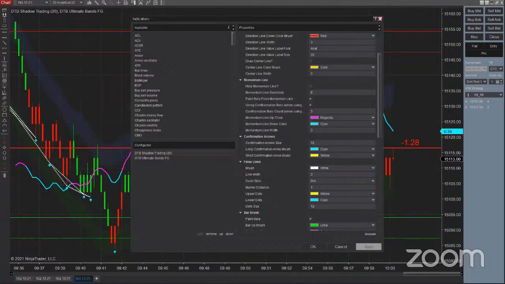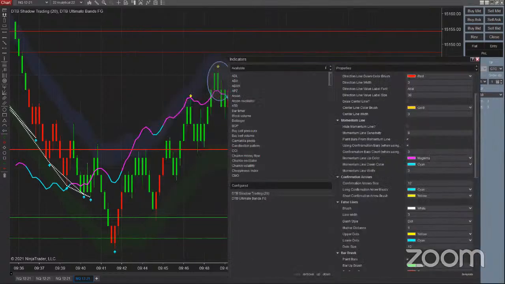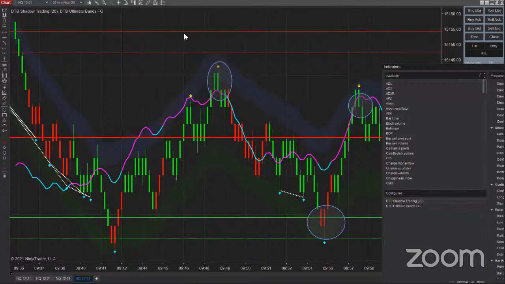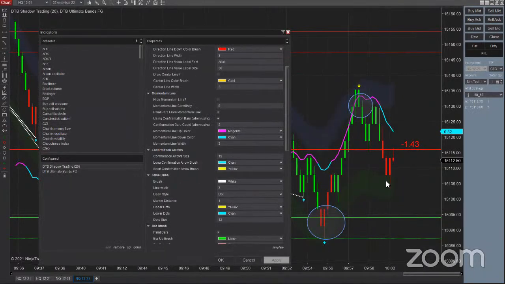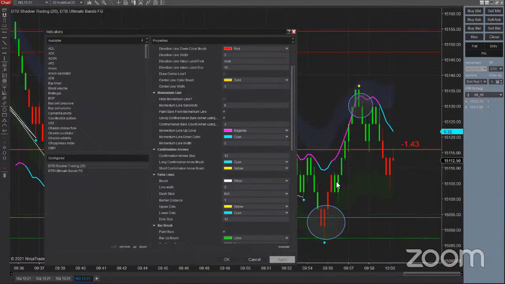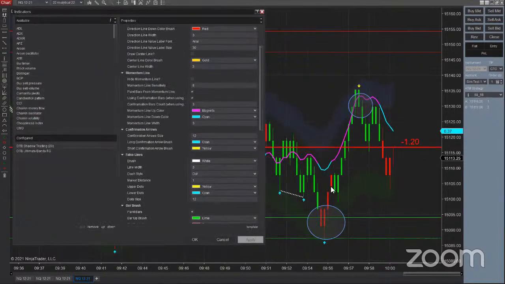What that is doing is basically painting the bars according to the momentum line changing color. And it'll get you in the position a bit later if you've got confirmation bars. So I've got confirmation bars on there. That means it's confirming the signal by 3 bars before it changes. Now this one, it's confirming by 1 bar.